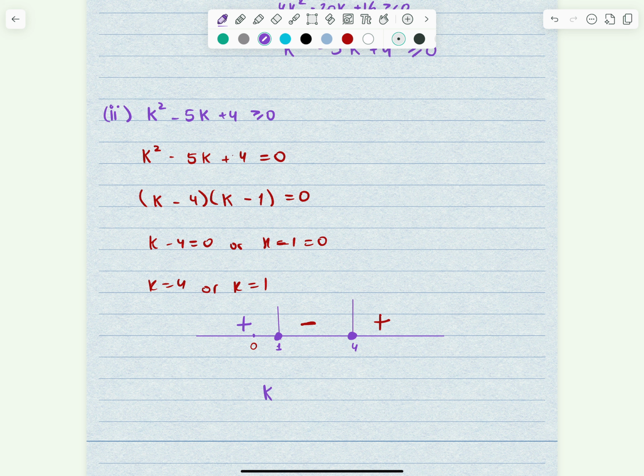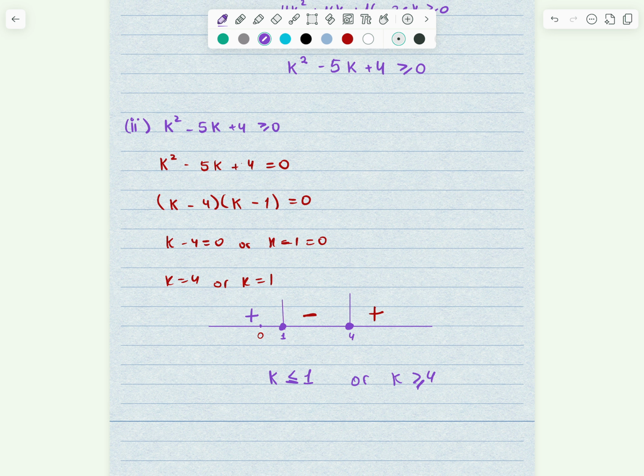But remember, we included the values 1 and 4, so I'm going to put an equality sign there: k less than or equal to 1, or k greater than or equal to 4. That will be the end of it. That will be the range of k values for which this inequality, or this simultaneous equation, intersects at least once. All right, that's it.